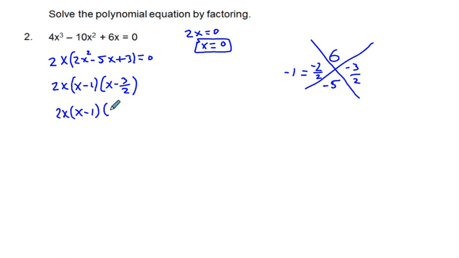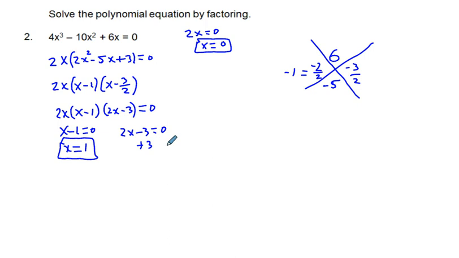So we get 2x minus 3 equals 0. So x minus 1 is equal to 0. So x is equal to 1. That's a solution. And then we have 2x minus 3 is equal to 0. Add 3. So we have 2x is equal to 3. Divide by 2, we have x is equal to 3/2.